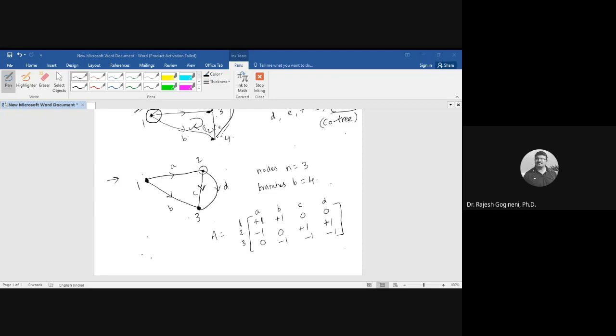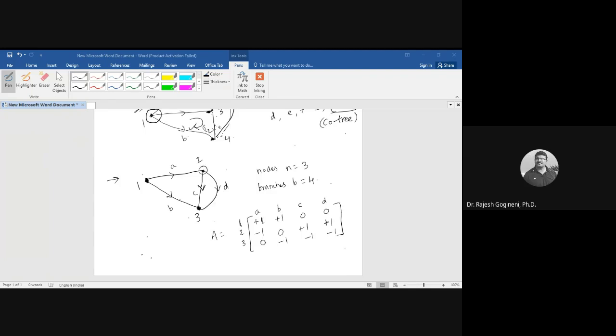So if you observe the columns of the incidence matrix, what can you observe from each column? What property have you observed? Each column has 2 entries.